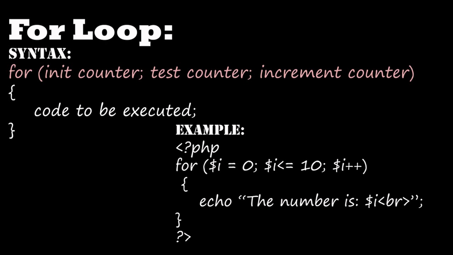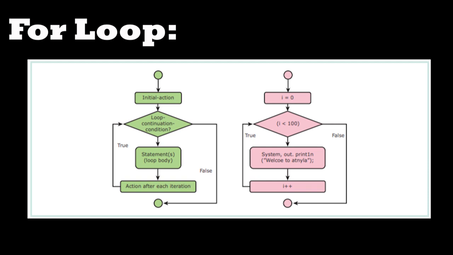Okay, we have seen the syntax and example for the for loop. For this for loop they have given a flow chart, or the structure also. See this diagram, they have given the initial action, that is first the initialization, I is equal to 0, and then the condition will be given in this rhombus or diamond box, right? So I less than 100, that will be a condition. Whether this loop wants to continue or has to end will be decided by this conditional box only.